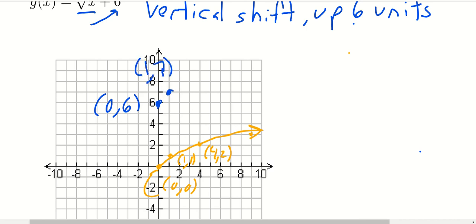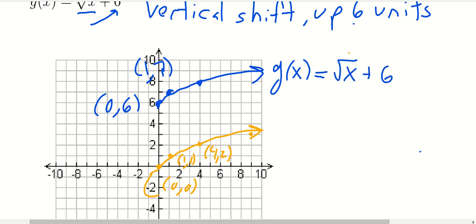And then we had this point at 4, 2, which will now be located at 4, 8. Once we have a few points, we know what the overall shape looks like, we can go ahead and complete our graph. So this is the graph of g of x equals the square root of x plus 6.